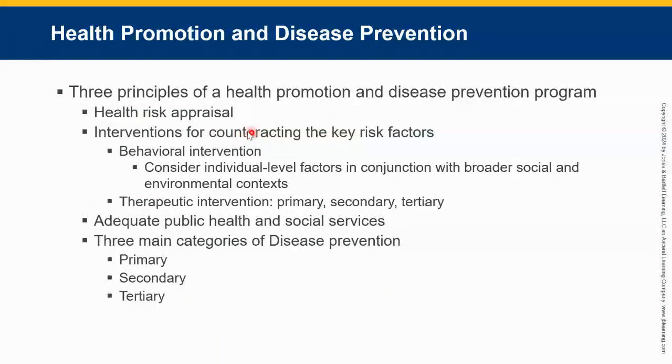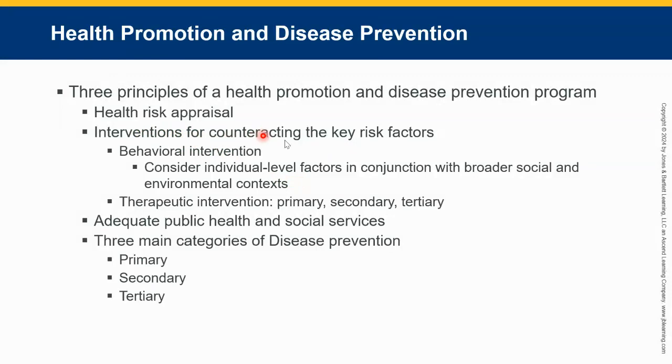And these interventions include 2 approaches, which are right here. Number 1, behavior intervention. Consider individual level factors in conjunction with broader social and environmental contexts. Basically, behavioral intervention, adopting healthier lifestyles.